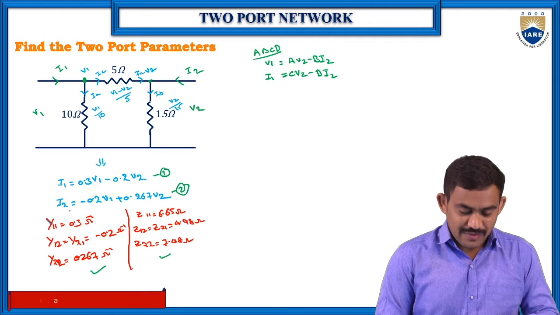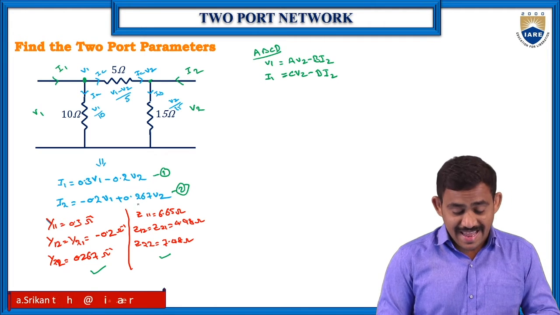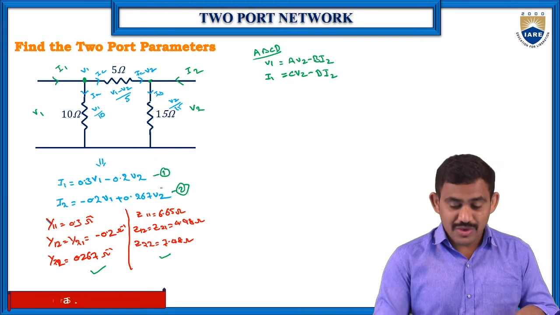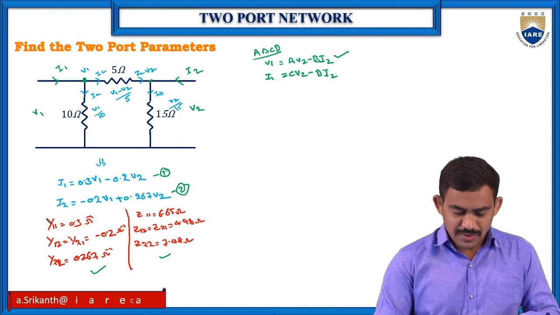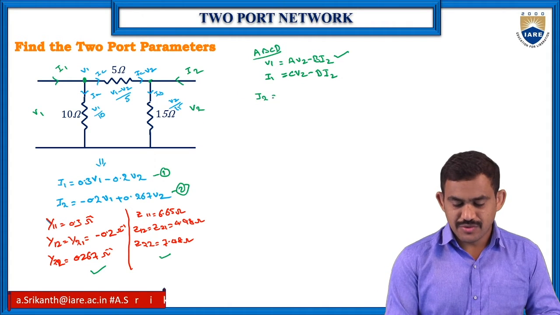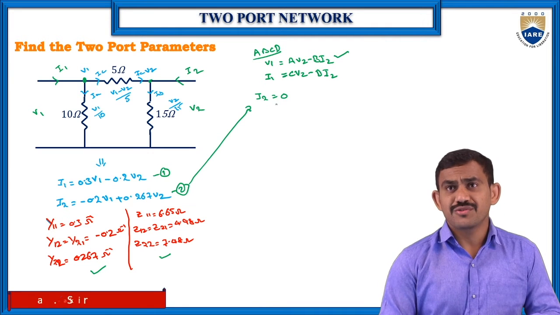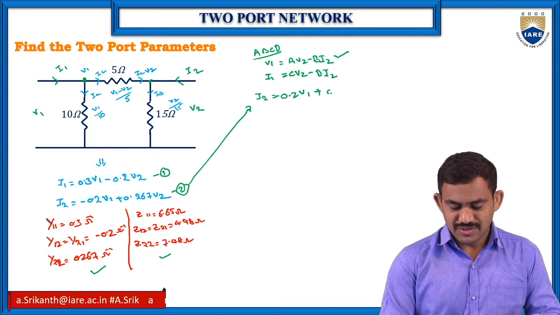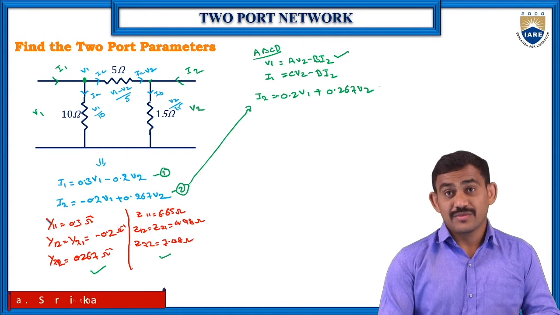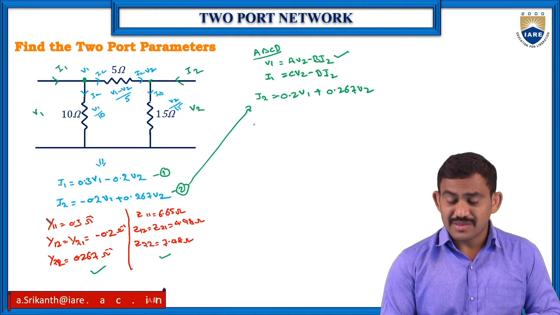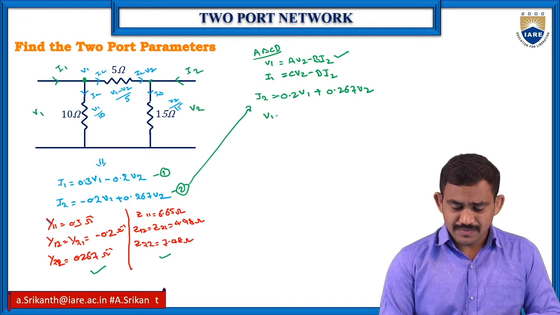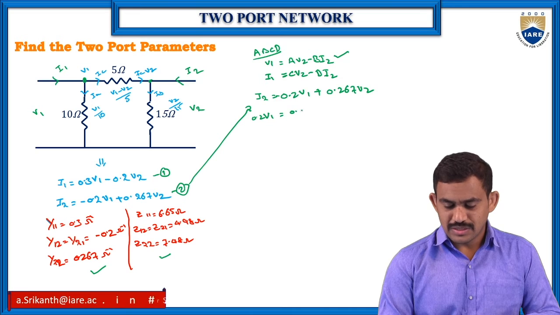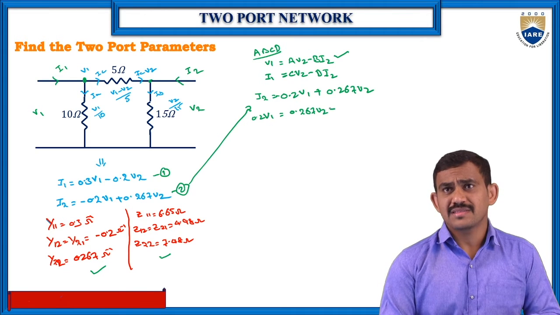So here we have I2 equal to V1 as well as V2. So you can write V1 in form of I2 and V2. Just observe now. Equation number 2: I2 equal to minus 0.2 V1 plus 0.267 V2. Am I right? From equation number 2, I have the I2 value. From this, I want the V1 value. So 0.2 V1 equal to 0.267 V2 minus I2.